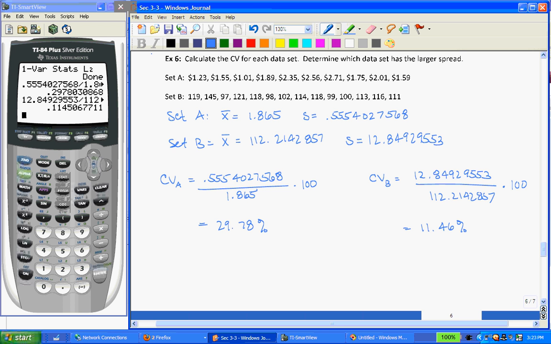So even though these were drastically different data sets, one was in dollars, one was just regular numbers, we can look at these and say, well, set B, whatever that data comes from, has a smaller measure of spread than set A. And it's because we got down in percentages rather than the units of each individual set that we were able to do that.